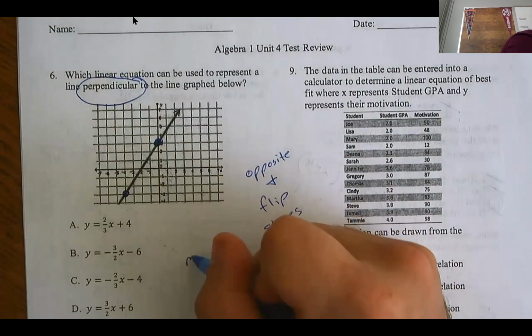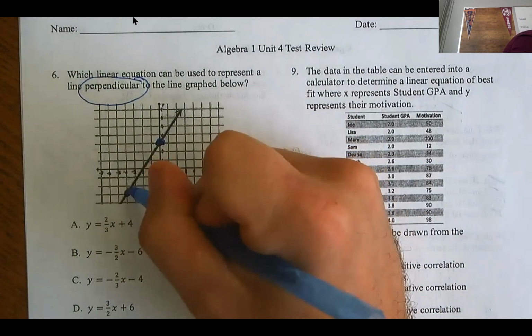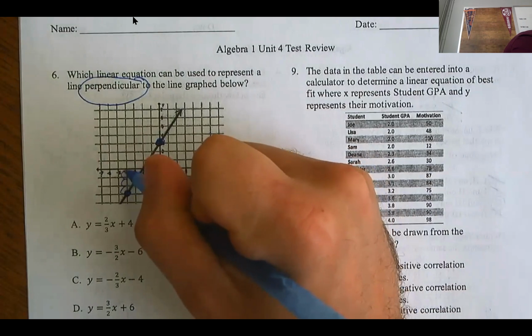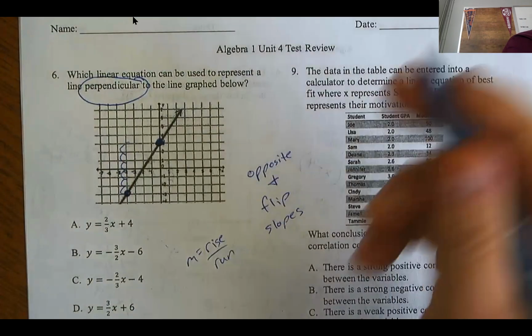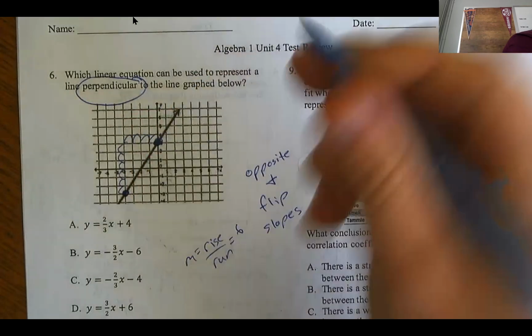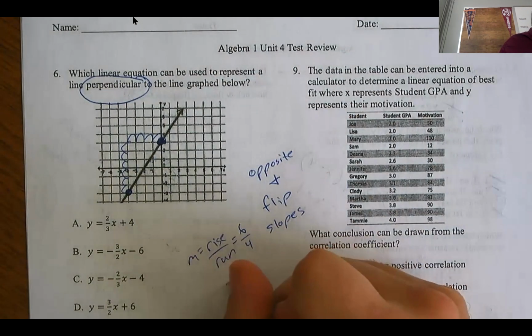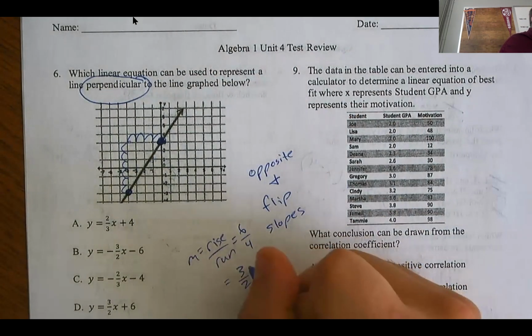So remember, slope is rise over run. So up 1, 2, 3, 4, 5, 6. So I need to rise 6. We're going to run 1, 2, 3, 4. So 6 over 4 is my slope, but remember that can simplify. 6 over 4 simplifies to 3 over 2.